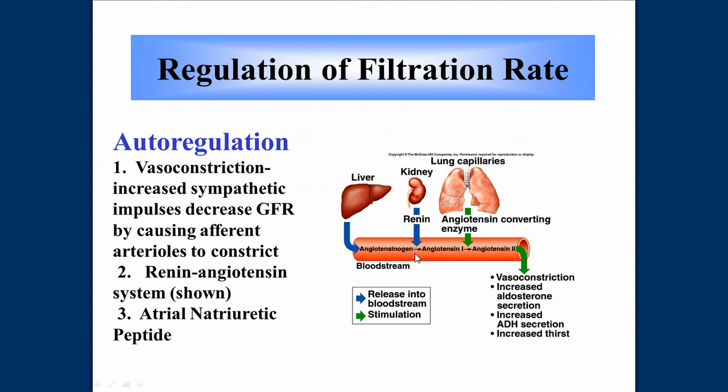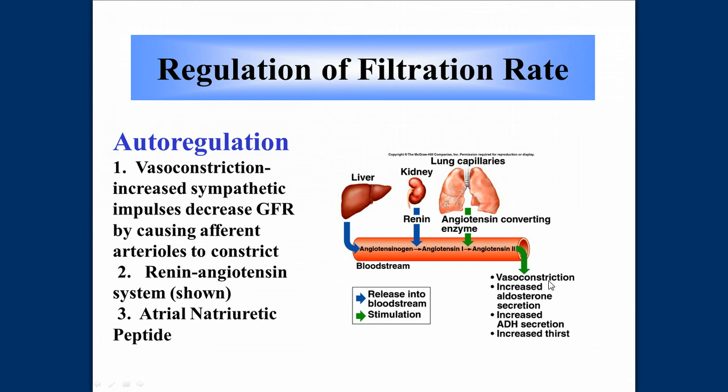And when renin and angiotensinogen react to each other, it forms a compound called angiotensin 1. And then, as this blood passes through the capillaries found in the lungs, angiotensin converting enzyme is released, and that changes angiotensin 1 to angiotensin 2.